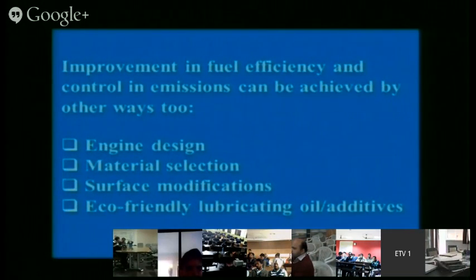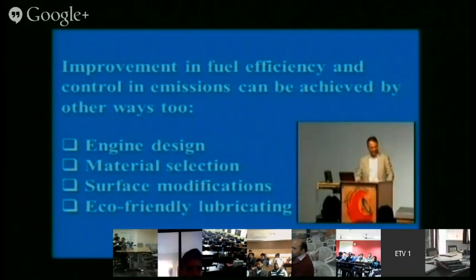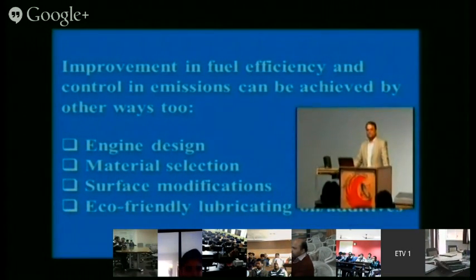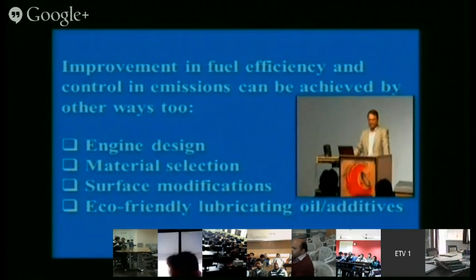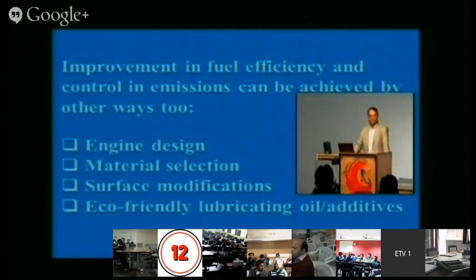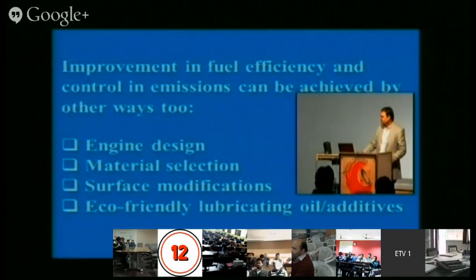Another point is material selection, because at the interfaces wherever contacts take place, material combinations should be such that friction is lesser. And another point is surface modification. Let us modify the surface itself so that friction is less. This is the best option right now.